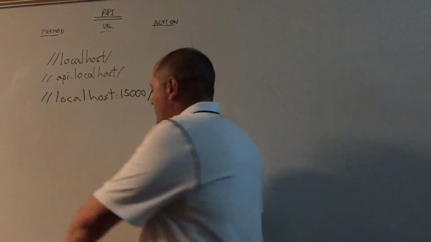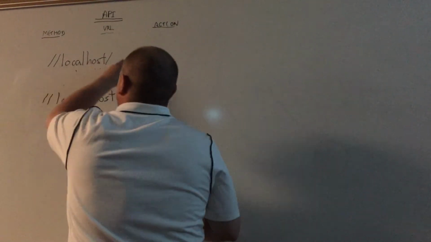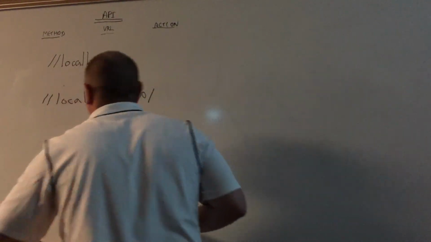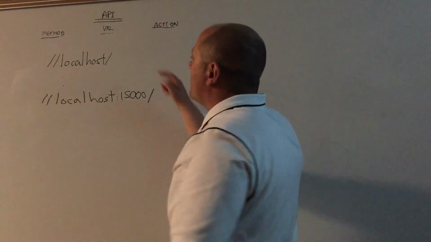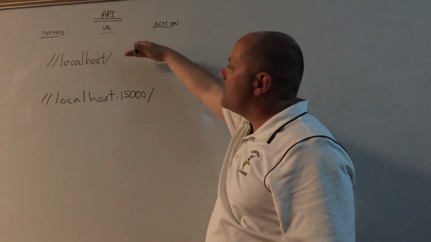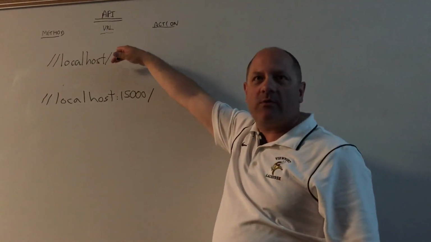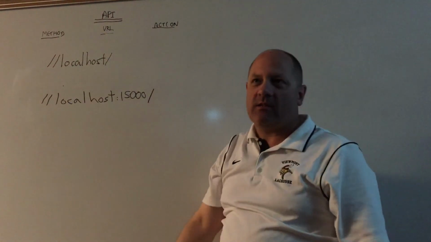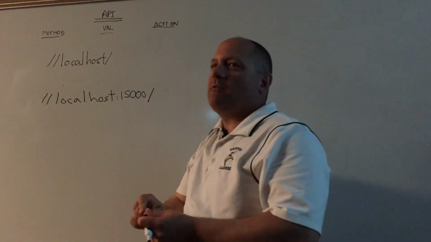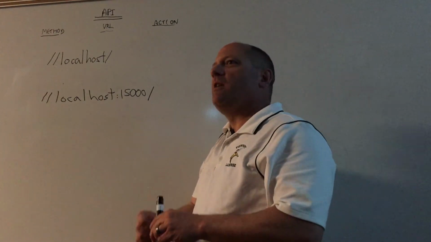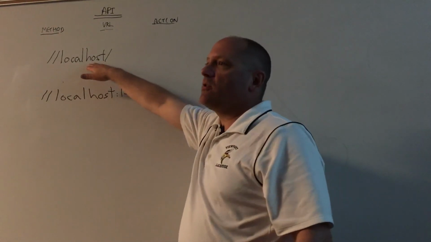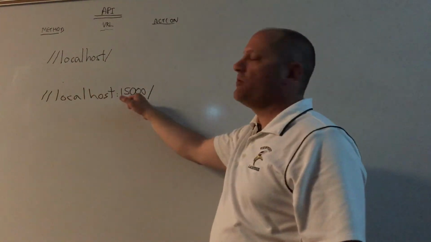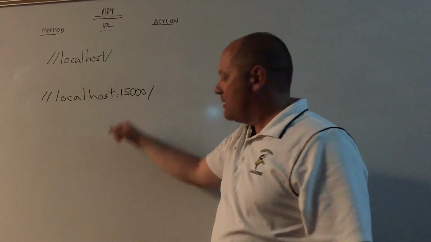So let's say you go this route. This route, and we're using Apache, would require two virtual hosts in your Apache configuration, which, you know, there's an art to doing, and I'm not going to spend too much time on that one. But you have a virtual host for port 80 and a virtual host for port 15,000.